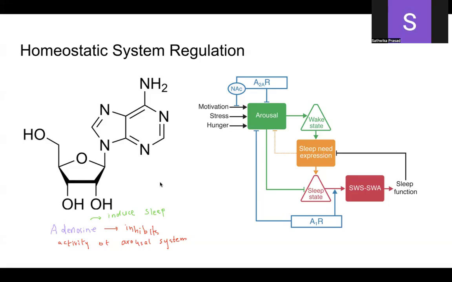What adenosine also does, as you can see here, is relate to slow wave sleep. The longer you're awake, adenosine concentrations in the brain are going to increase.